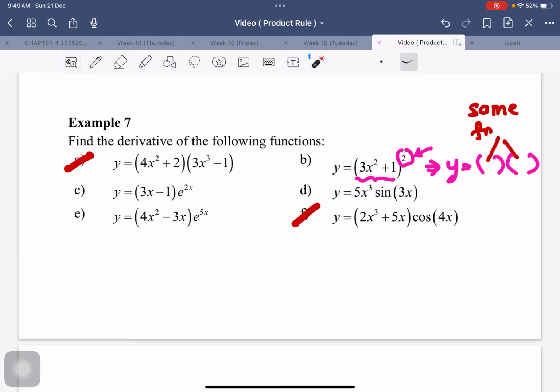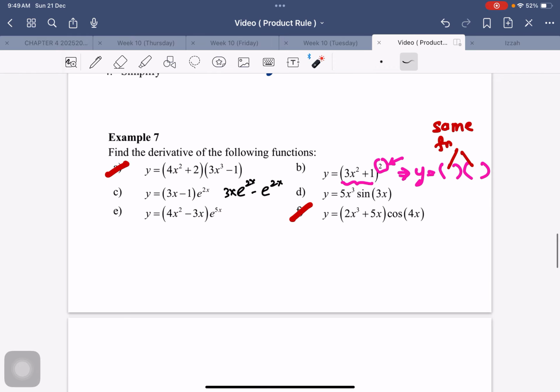But for this case, even if you expand this function, you get 3x e^2x minus e^2x. You see here, you still have a multiplication between two functions. The level is the same, it's difficult. So do we need to expand? No, we don't need to expand. From here you can just directly use product rule.